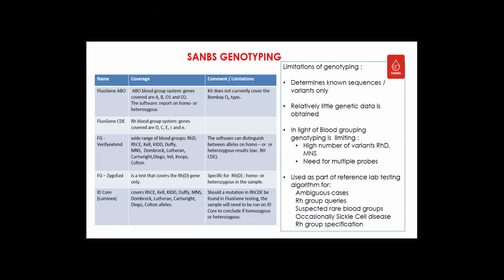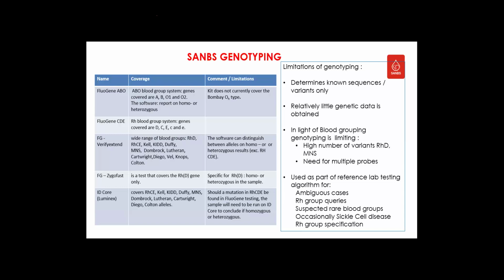This is often important in paternity testing and working out the risk for a baby in terms of their RHD gene status. So just to remind you, this is a type of probe testing that we do. It is based on determining known sequences or variants thereof. It gives us relatively little genetic data compared to NGS, but it is definitely a good add-on to what we do.